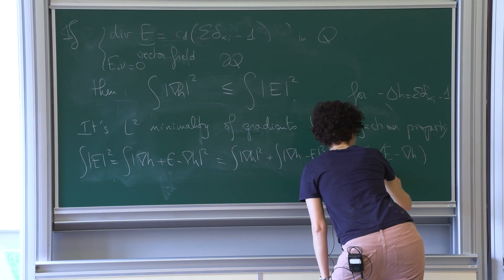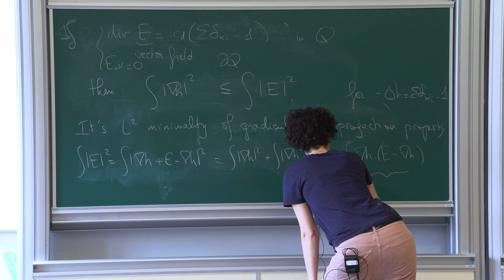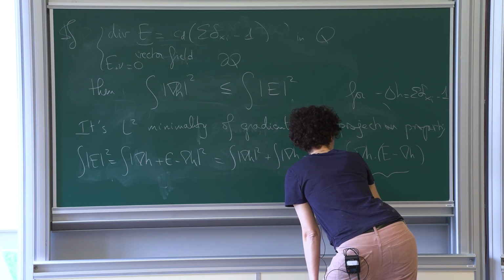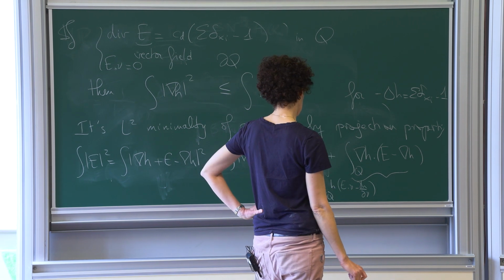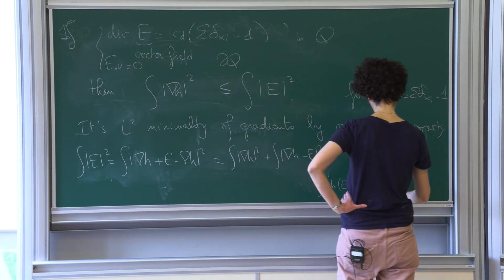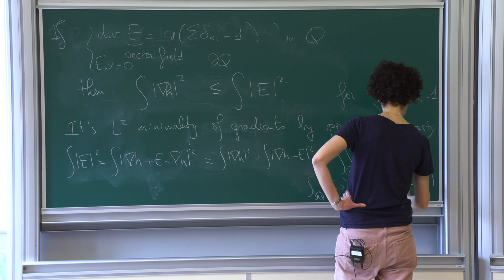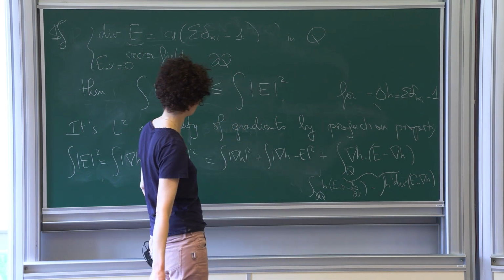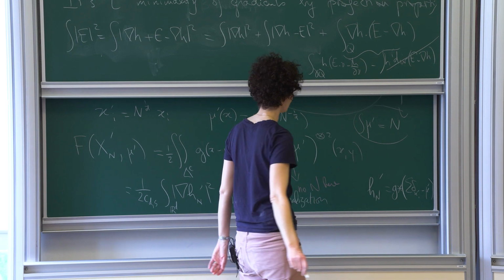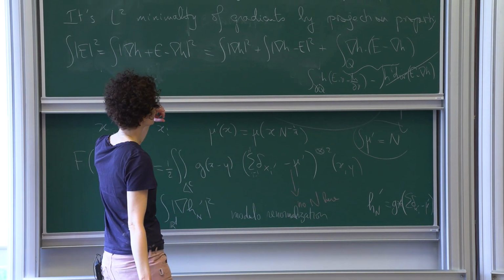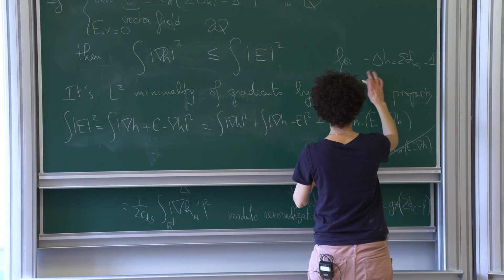So this one, you write it as a boundary term, H E dot nu minus dH d nu, minus H divergence E minus grad H. So these guys have the same divergence. That's the point. Okay, so this is 0 because they have the same divergence, and this has to be 0 if you pick the boundary condition properly. So I guess here I have to pick that dH d nu is also 0.